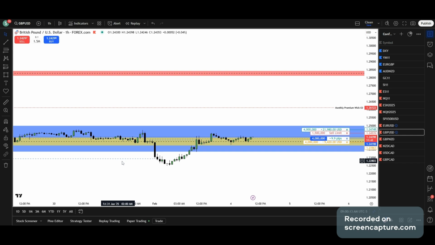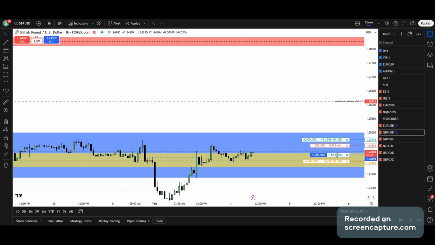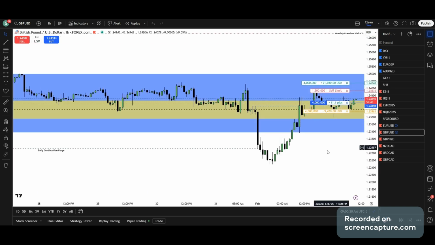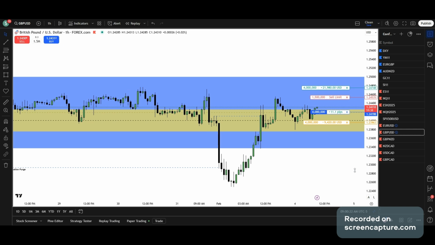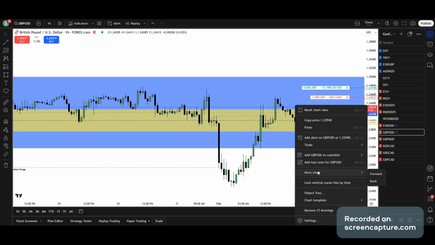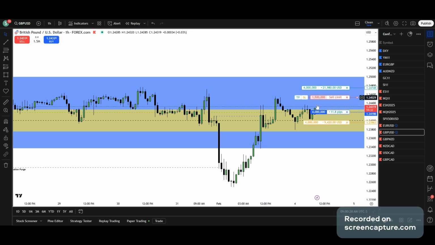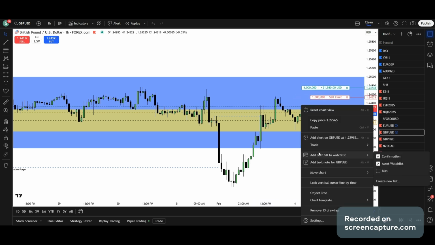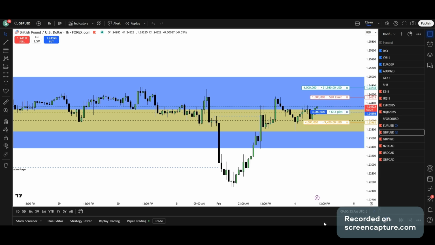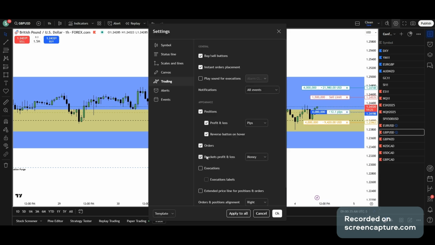There's that daily continuation purge. And this is hourly structure. Let's zoom in a bit. I actually entered in on a position this morning. What I'm going to do is take that off.